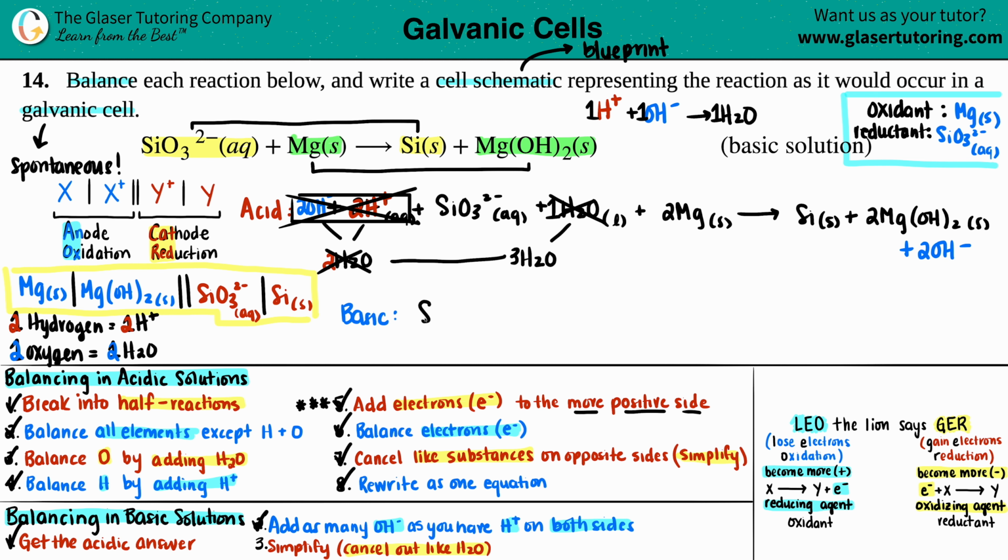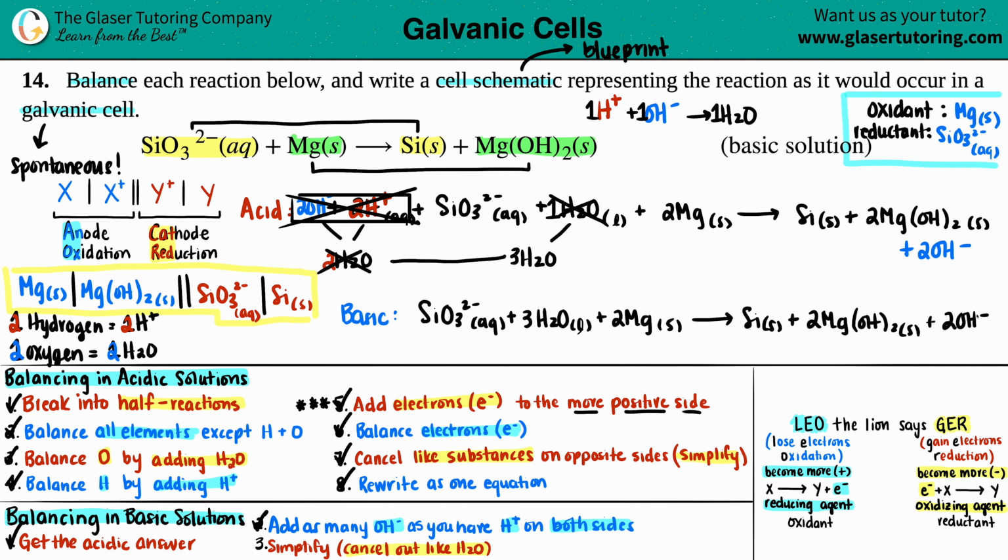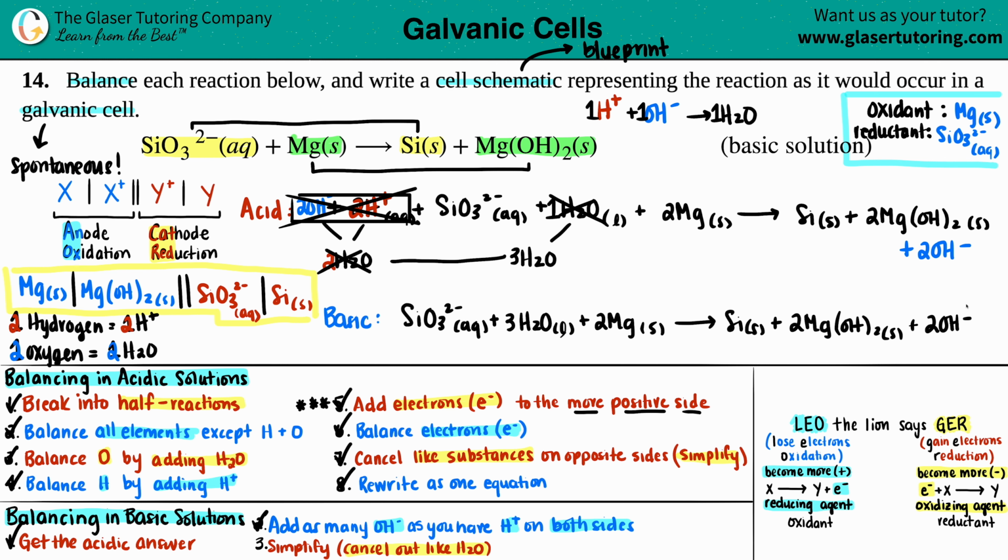My basic answer is SiO3 2 minus aqueous, plus 3 H2O, that's a liquid, plus 2 Mg, that's a solid, yields Si solid, plus 2 Mg(OH)2 solid, plus 2 OH minus, and remember, since it's a charge, that's going to be aqueous as well. And that's our final answer.